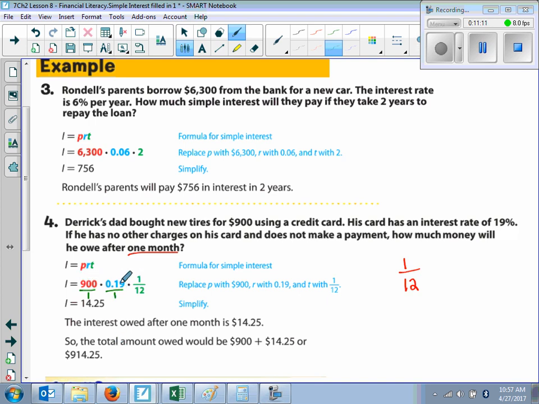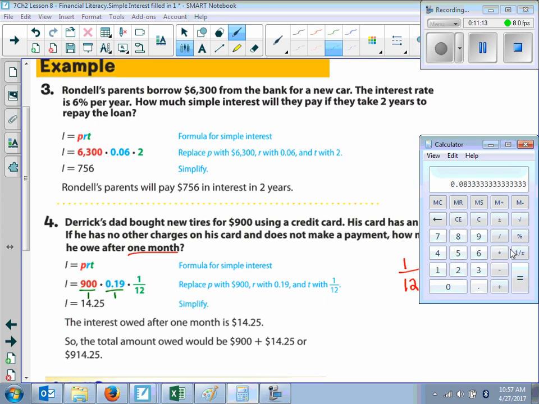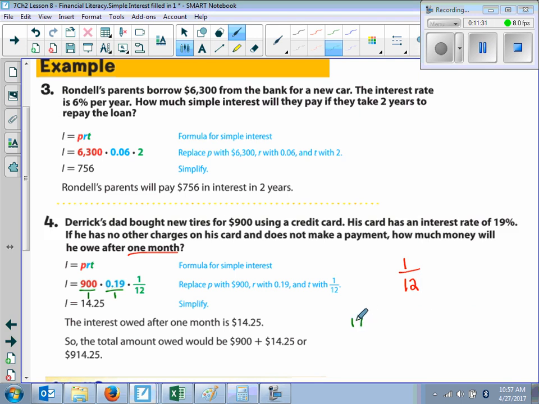So when we multiply 900 times 0.19 times 1, of course, 1 times 1 is 171. So you multiply straight across, right? So 171 goes in the numerator.